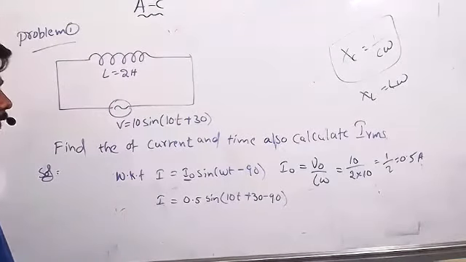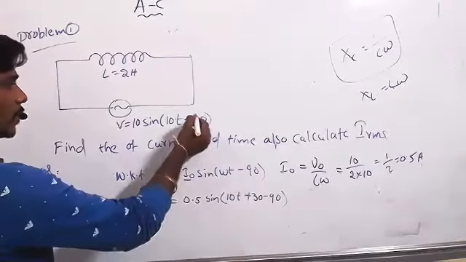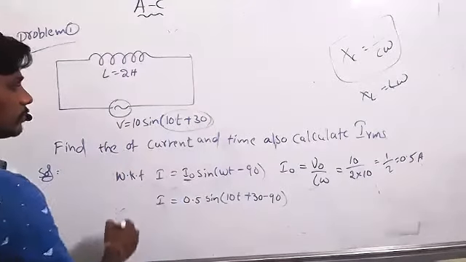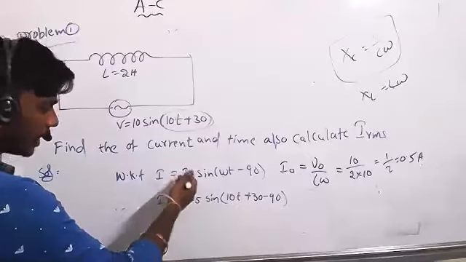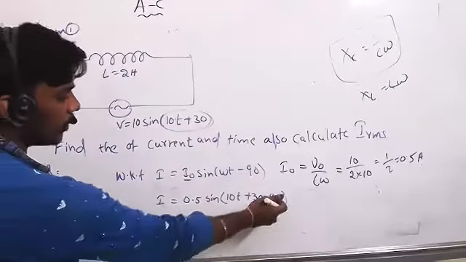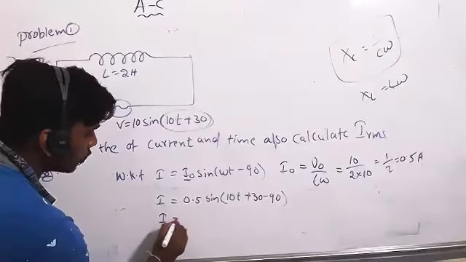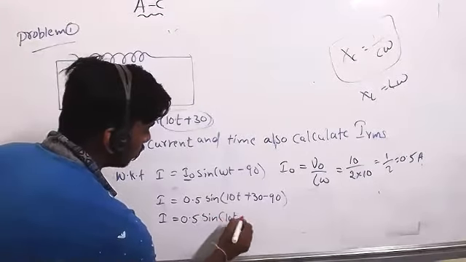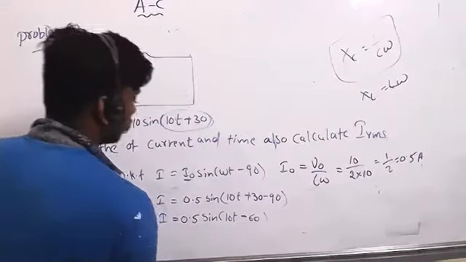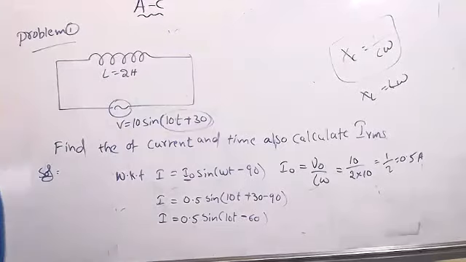It is nothing but total theta. Omega t plus the given phase, and in the inductive circuit minus 90. So I equal to 0.5 sine 10t minus 60.